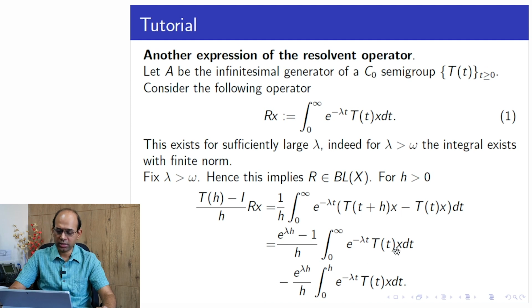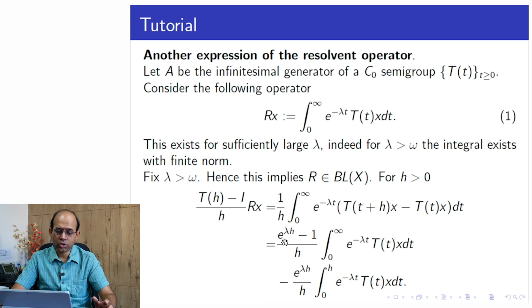So this is a very convenient expression on the right hand side that we have obtained. Why is it so? Because now I can take this integration, which is independent of h, and only for this term we take the limit h tends to 0. We know that the limit exists. Why? Because (e to the power lambda h minus 1) divided by h, I can write as lambda times (e to the power lambda h minus 1) over lambda h, so it is like the form (e to the power x minus 1) divided by x, and as x tends to 0, that goes to 1.